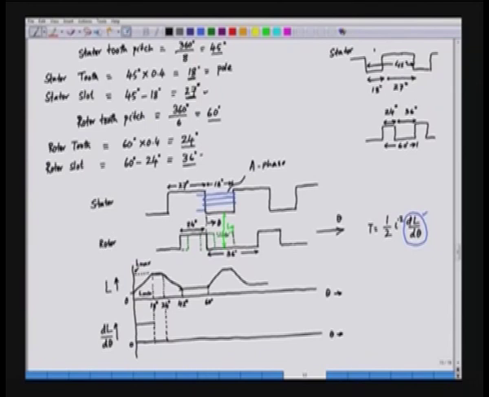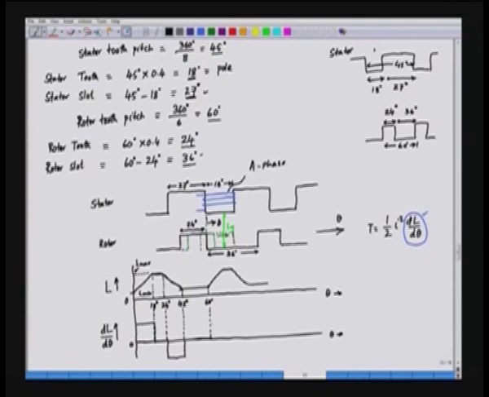From 24 to 42 the inductance is decreasing, and hence the derivative is negative, so we will have minus dL by d theta. So, this is positive, 0 and negative, and from 42 to 60 the inductance is again constant, so the derivative of the inductance will be 0.